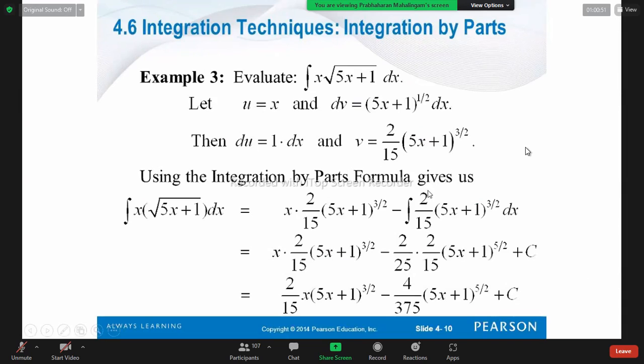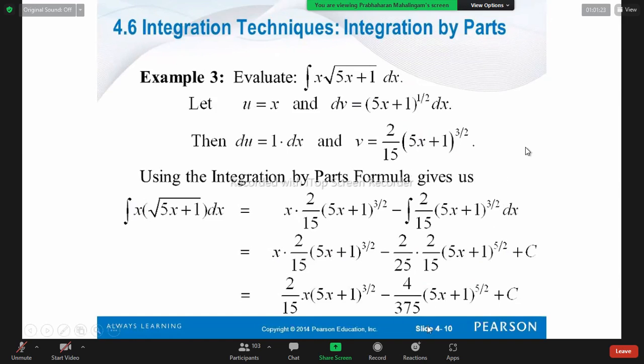Again 2 by 15 into 2 by 25 also there. Why here 5 by 2 now? 1 plus n plus 1 over n plus 1. Again you differentiate, because the differentiation symbol is there. Integrate. This is the answer.